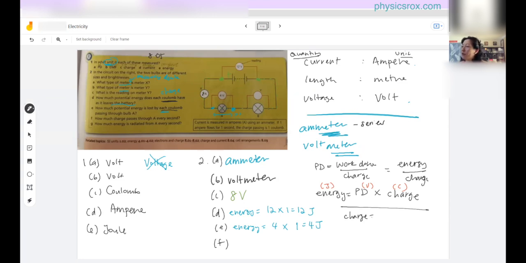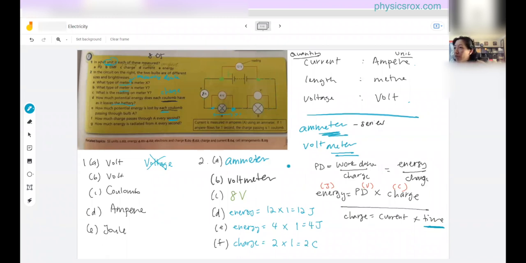So if you don't know how to solve this, you take the formula that you have. Charge passes through A, then they give you every 1 second. So then you count. The charge, I need to take the current. Current is how much? Remember, we start, finish, all must be same current. 2 ampere. So 2 ampere times 1 second. So it's 2 coulomb.